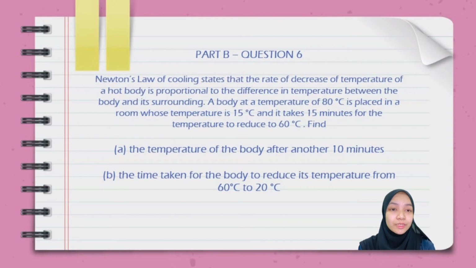The question asks us to find the temperature of the body after another 10 minutes and the time taken for the body to reduce its temperature from 60 degrees Celsius to 20 degrees Celsius.